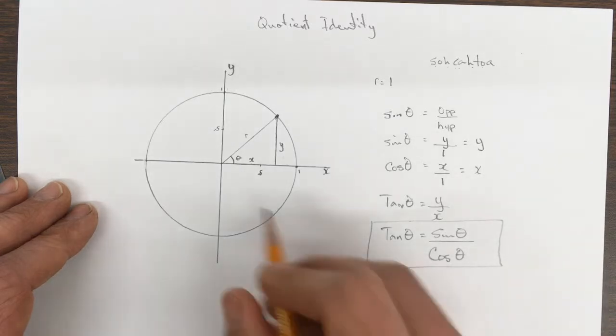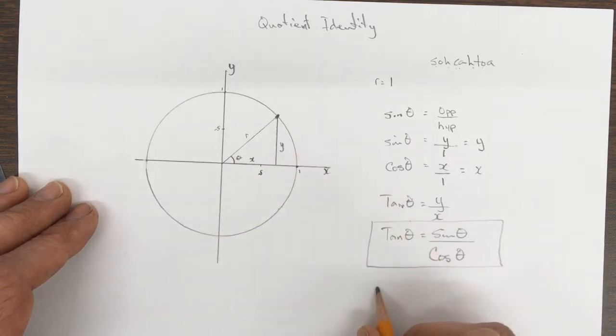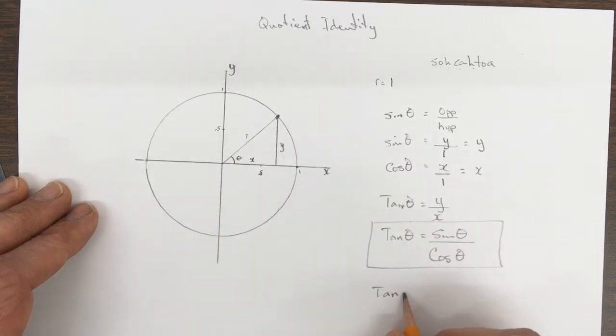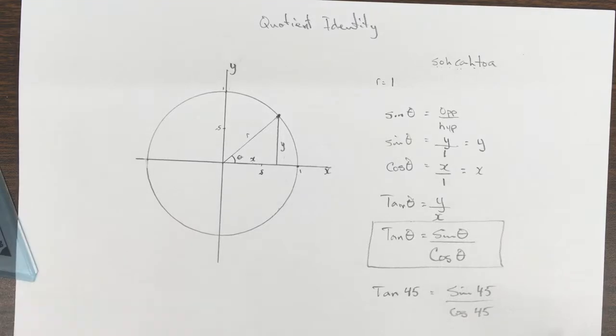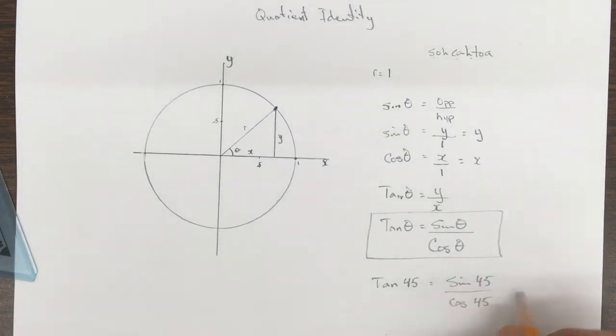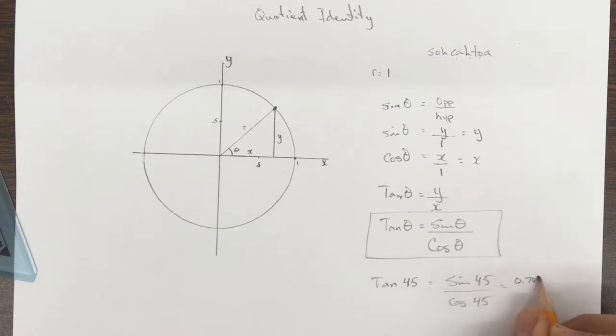We can show this if we use the 45-degree angle here. Tan of 45 is equal to sine of 45 over cos of 45. Now if you were to put that in the calculator, you'd get 0.707.